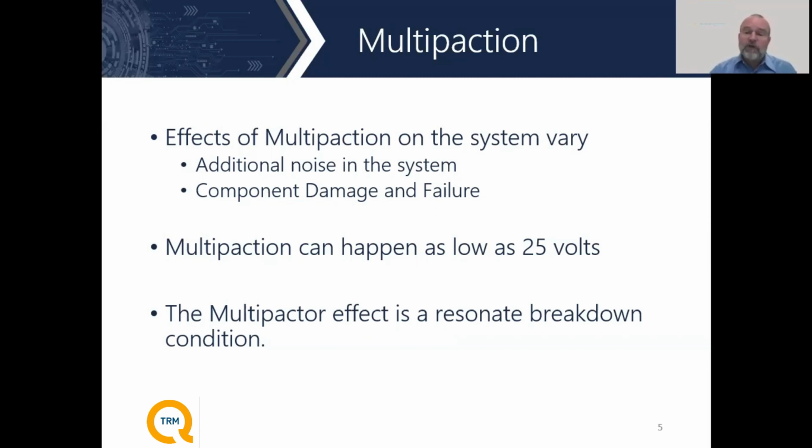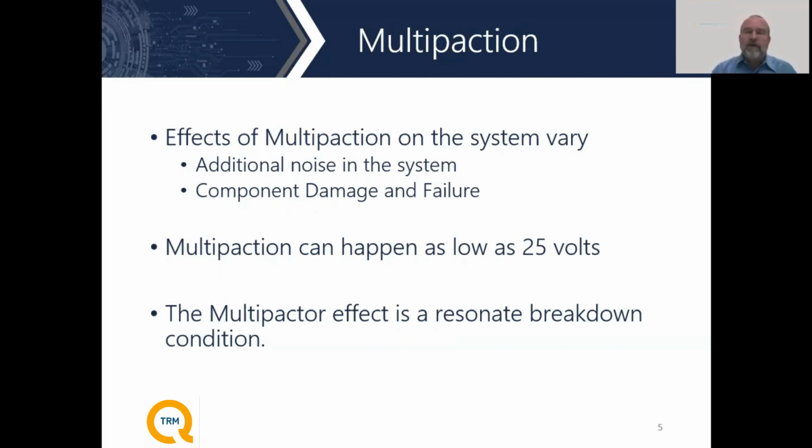When the multi-impacting gets worse and the energy levels get a little bit higher, you can start to see actual component damage and permanent failure of those components, due to the significant amount of voltage hitting and colliding with plates.